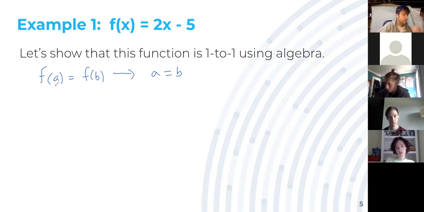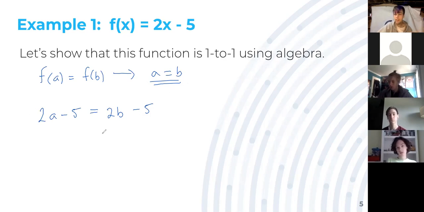So the easy way I do this is I figure out what f of a is. Well, f of a just means I plug in an a where the x is. So this becomes 2a minus 5. And then for f of b, I'm just going to plug in a b here, 2b minus 5. And then I need to arrive at a conclusion that a equals b from this equation.